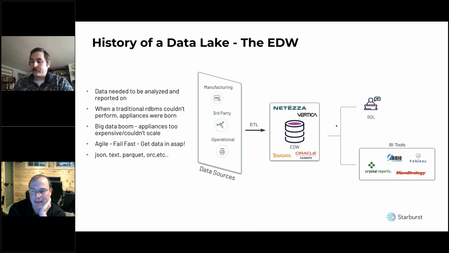And so you needed to get that data out of there. The problem is the big data boom came. The appliances could scale, but the costs were so prohibitive. I worked at a sports retail company, and I was part of a migration from Oracle to Teradata, and we were running stuff in probably 8 seconds.